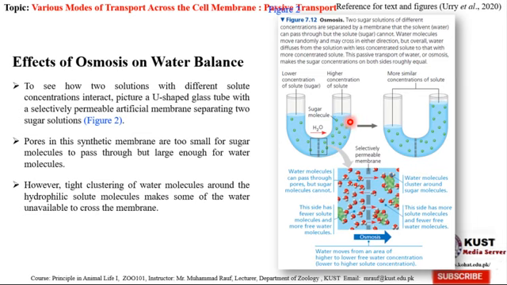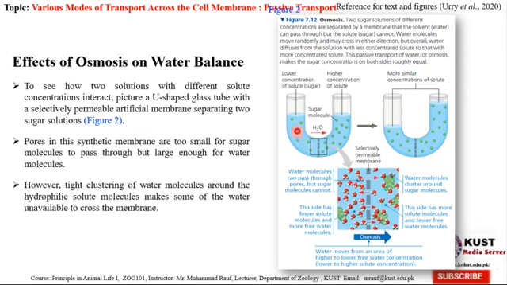Now, on the right side, the concentration of sugar molecules is higher as compared to the left side. So the free water molecules are more on this side as compared to this side. So now let's redefine osmosis: it is the movement of water molecules from an area of lower solute concentration towards an area of higher solute concentration.